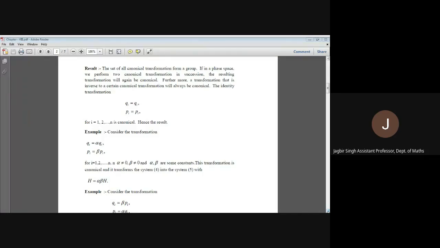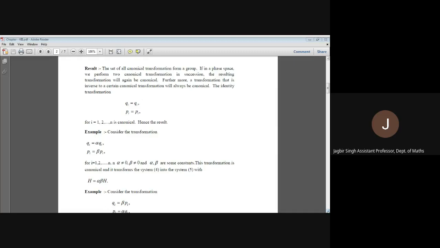Why? Because on the left hand side we will have dq̃i/dt, so it will be alpha dqi/dt. On the right hand side we will have ∂H̃/∂p̃i, but H̃ is alpha beta H, and p̃i is beta pi, so beta is cancelled, and it will be alpha into ∂H/∂pi.